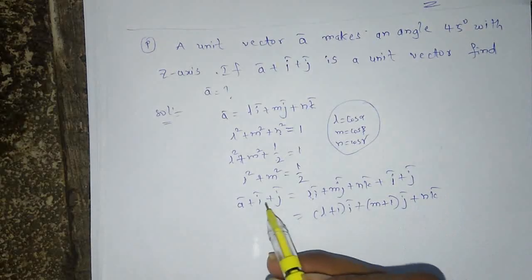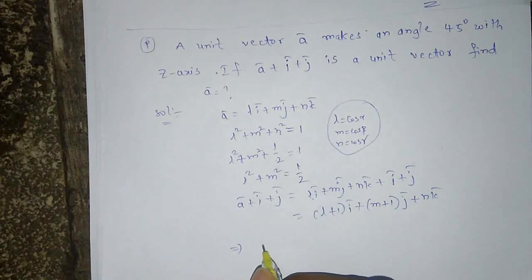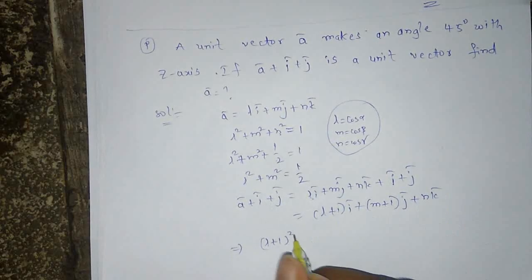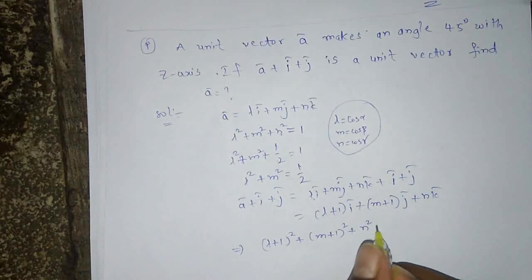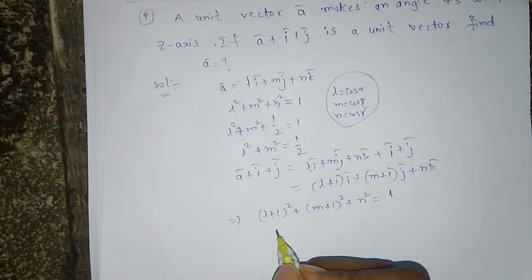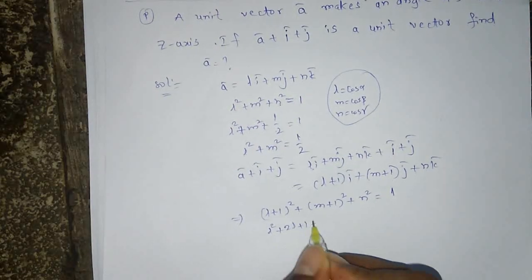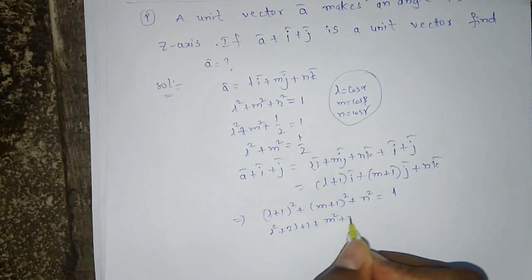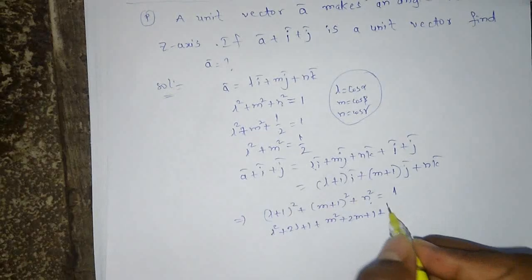Given that this is also a unit vector, L plus 1 whole square plus M plus 1 whole square plus N square is equal to 1. That is L square plus 2L plus 1, M square plus 2M plus 1, N square we already have the value, that is 1 by 2, equal to 1.